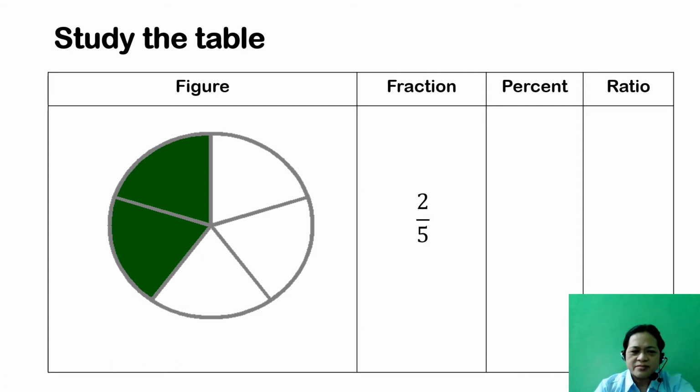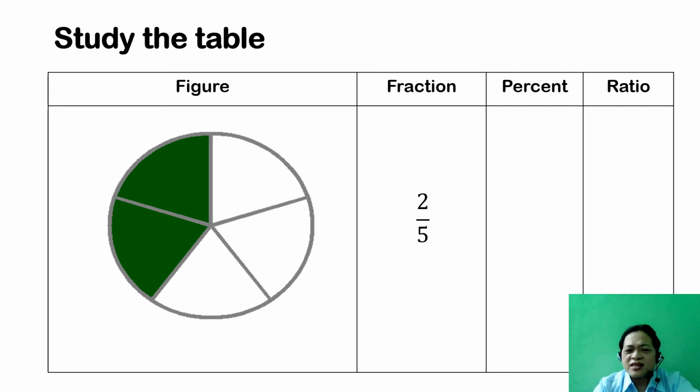Anybody? To write this fraction in percent, you have to look for a number that will make the denominator 100. Then, multiply the same number with the numerator. Is it clear?